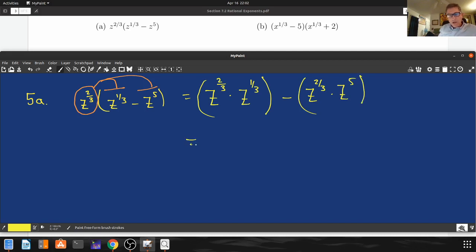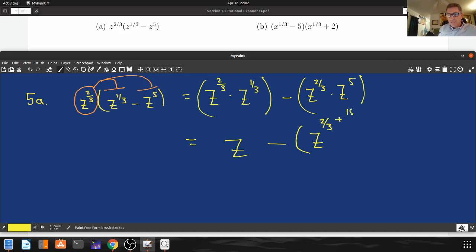I hope you see all you have to do here is add the fractional exponents. And 2/3 plus 1/3 is 3/3. And 3/3 is just 1. So that first factor just turns out to be z to the first power, or just z. And my next one here, in order to add them, I have to make 5 with a common denominator of 3. And that's easy enough.